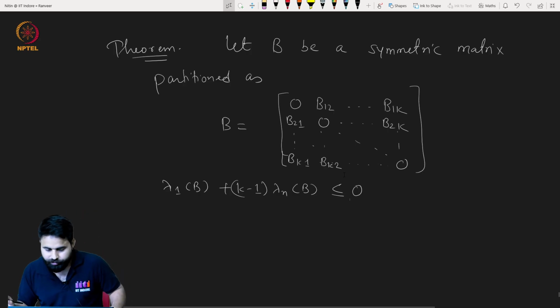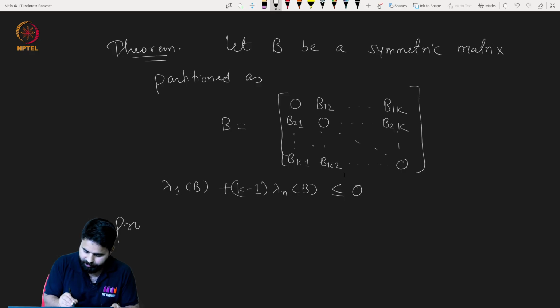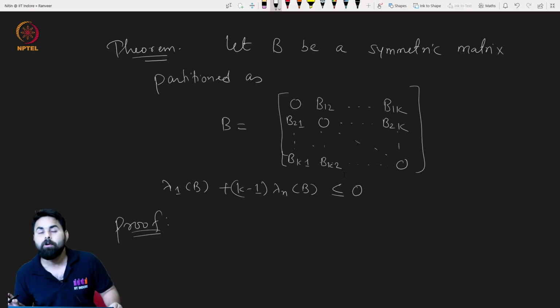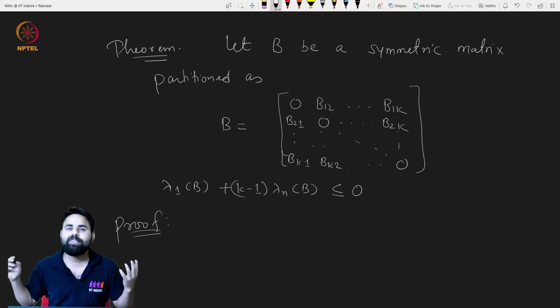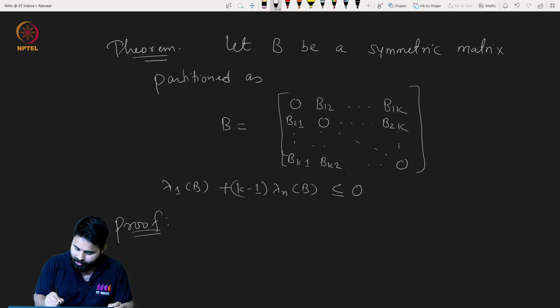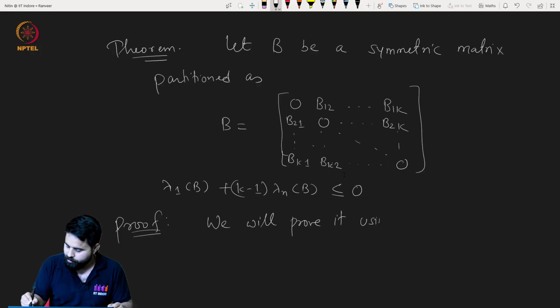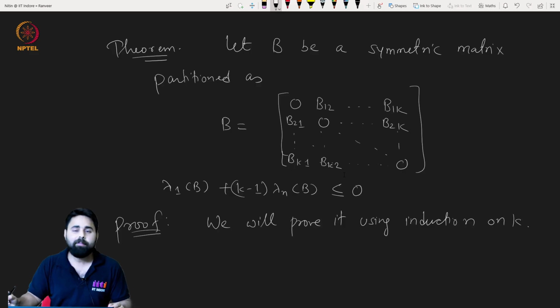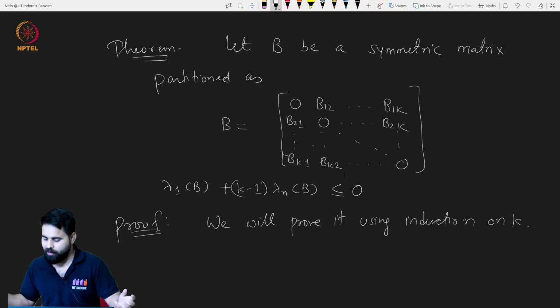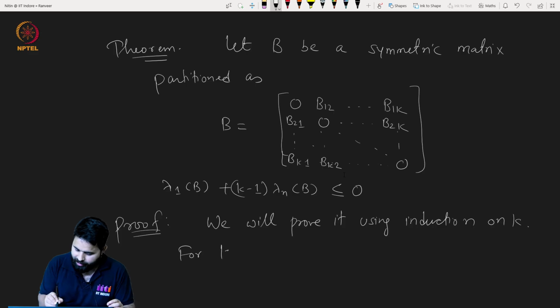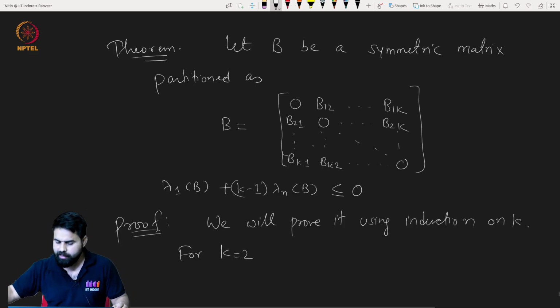Okay, so proof. We will use a very common technique of proof. We will prove it using induction on k. Now remember, for k equal to 2, this is very simple, right?